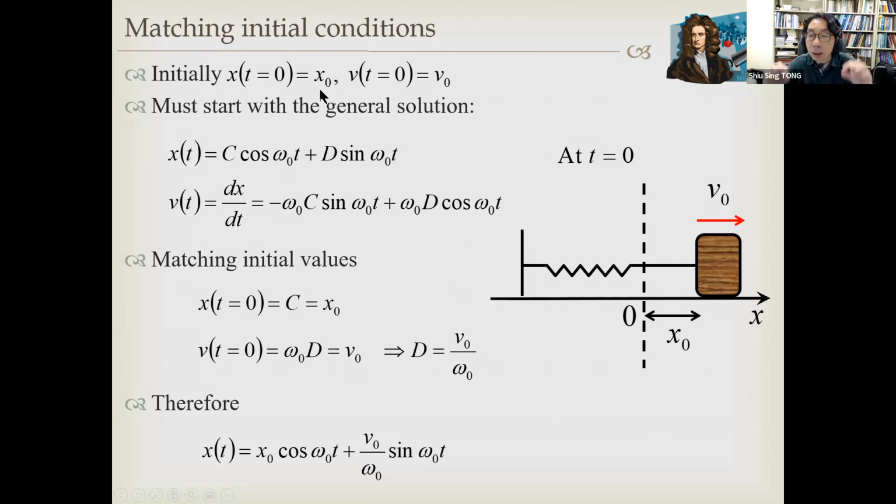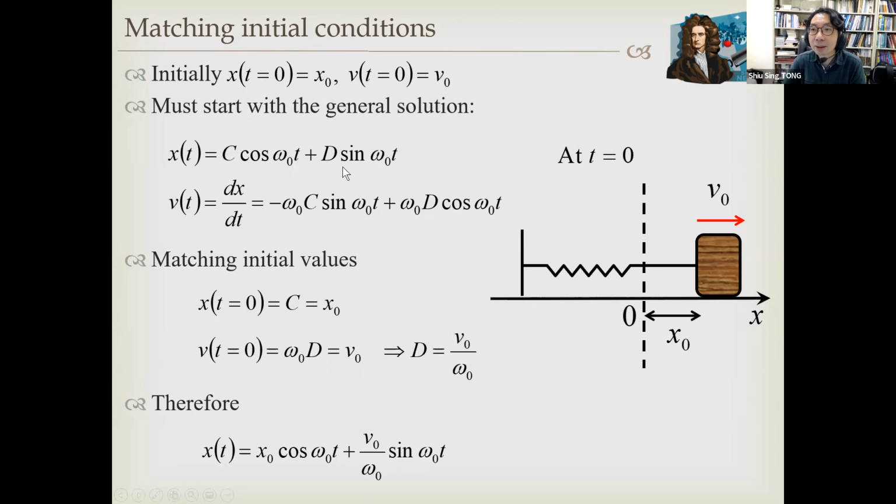The subscript 0 here indicates the initial value of the position and the velocity. Now, we may find it more convenient at first to match the initial condition with the solution of this form, the combination of a cosine and sine.